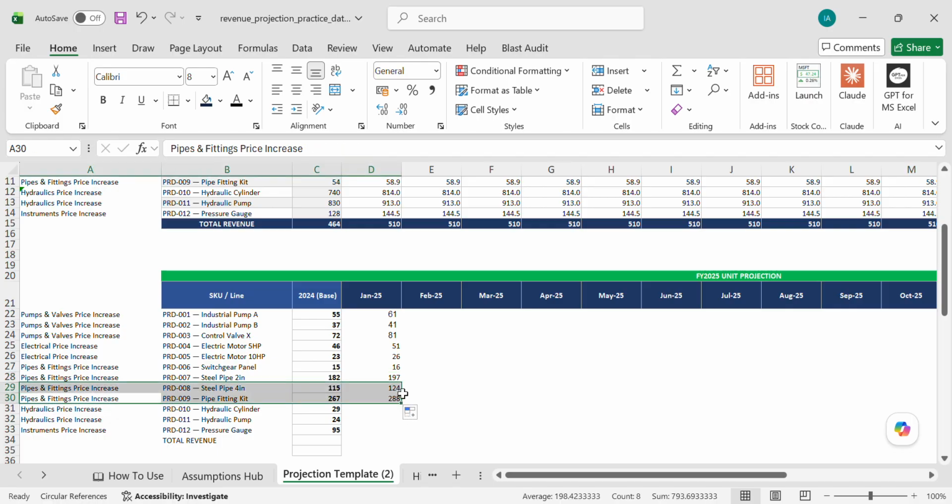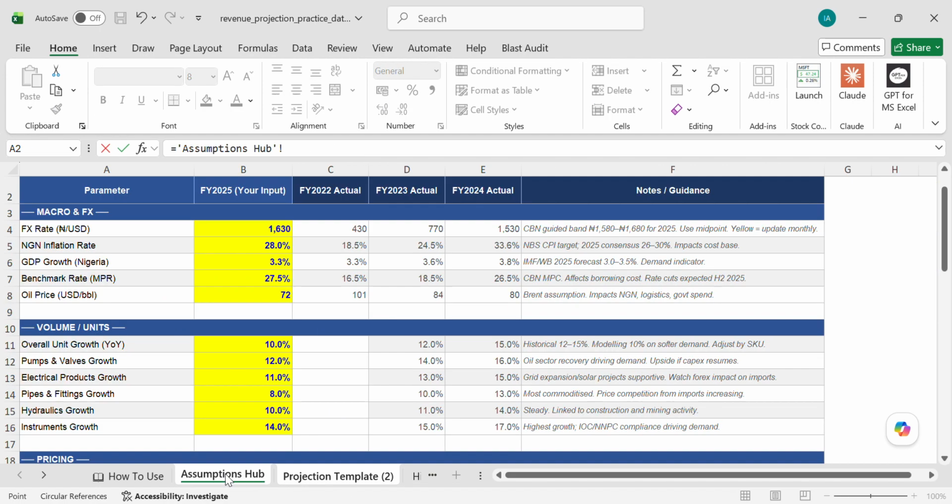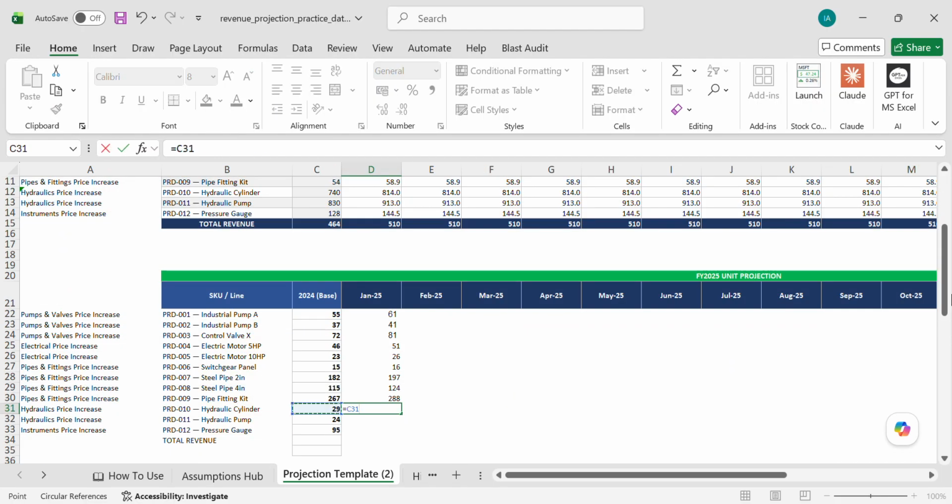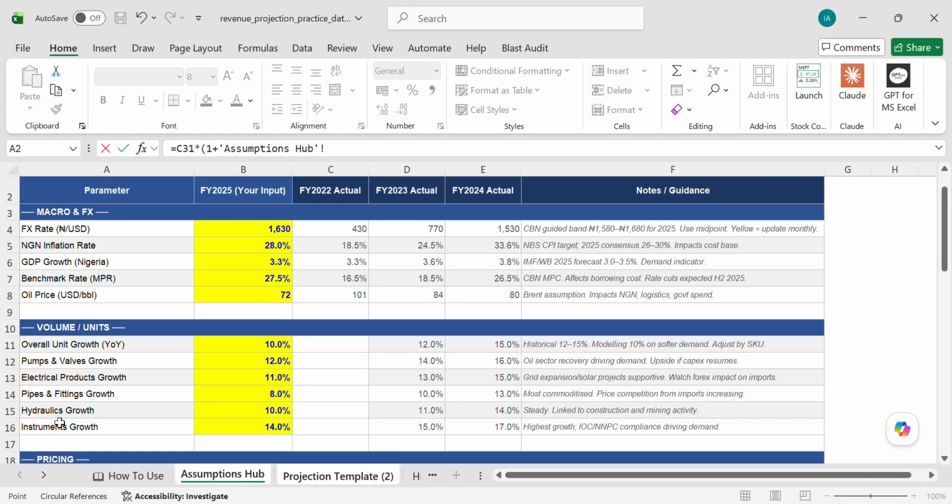So let's just go. So this one too. Hydraulic is here. So we do this times 1 plus the increase.